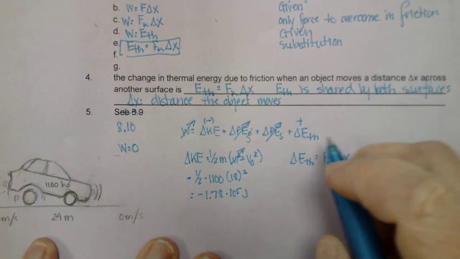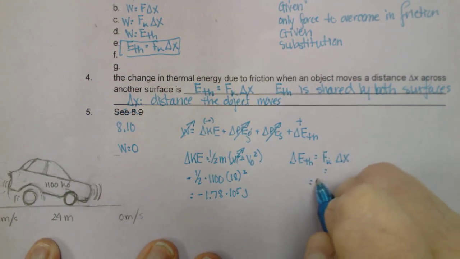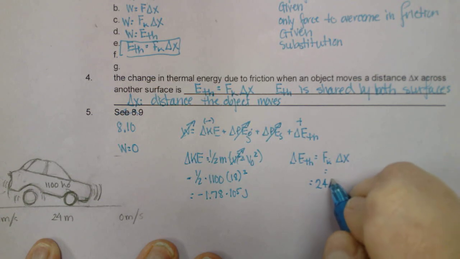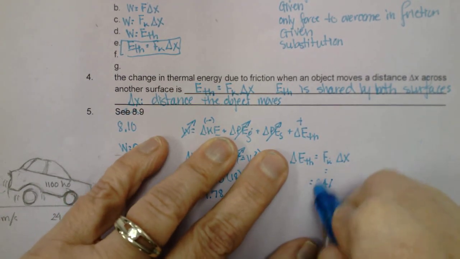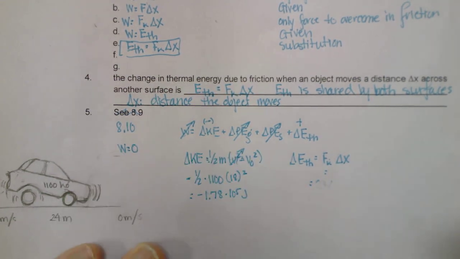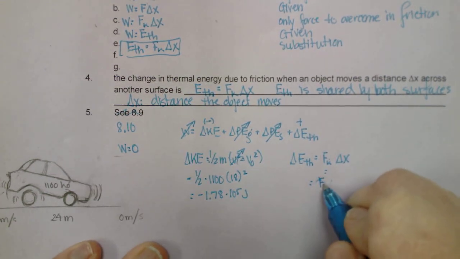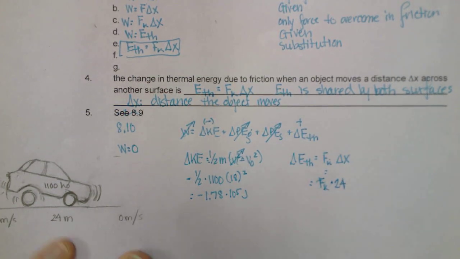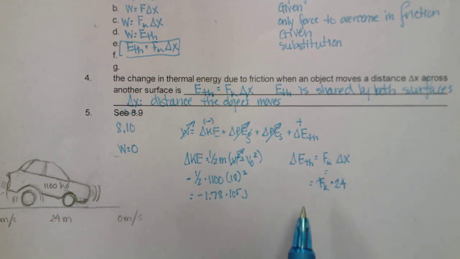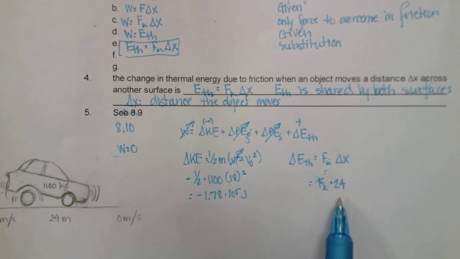So my f sub k is what I don't know, and my delta x is 24. I like writing that in the front because you always put coefficients up front. But for right now, so that you're getting the distinction, it's f sub k times 24.